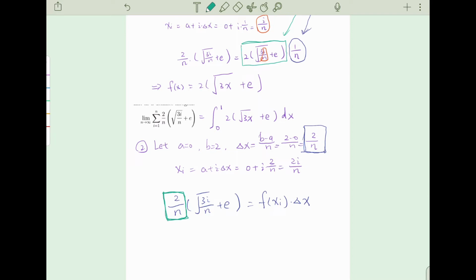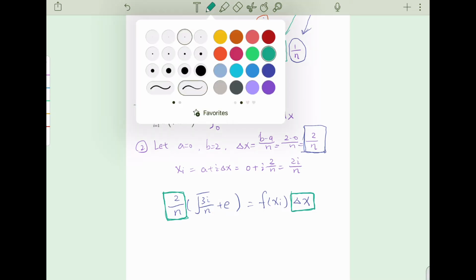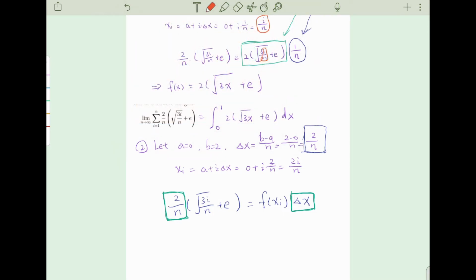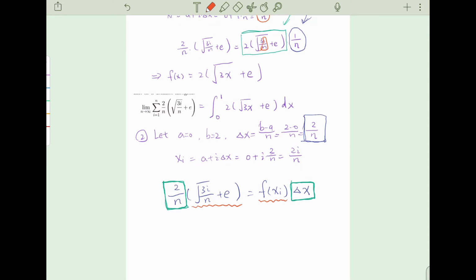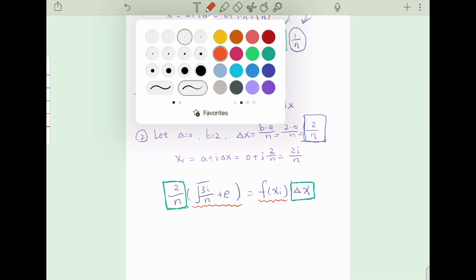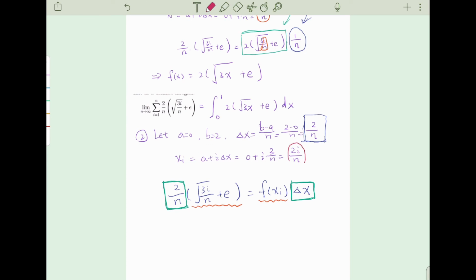So if this 2 divided by n has taken up the space for delta x, then for the remaining factor here, the f of xi has to be this guy, right? And now I also know what my xi is. My xi is 2i divided by n. So it's this one here.